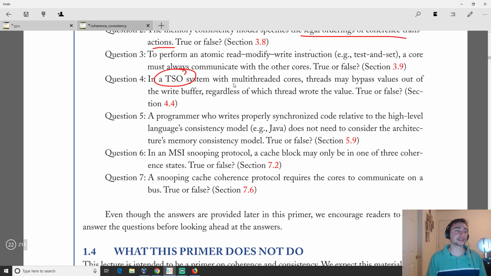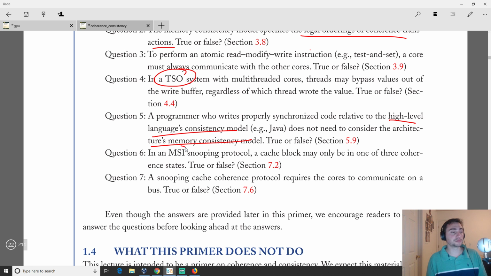This is a memory consistency model similar to what's used in a lot of x86 processors, like Intel chips. And what that entails, how you can translate a high-level language's consistency model, and whether or not you can just completely ignore the architecture's memory consistency model.